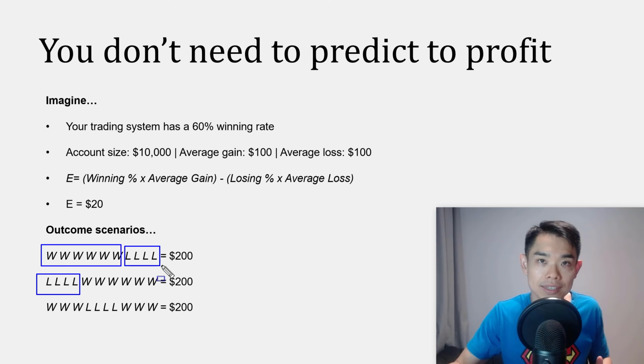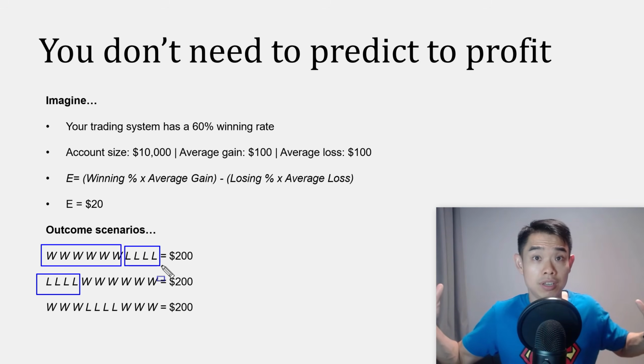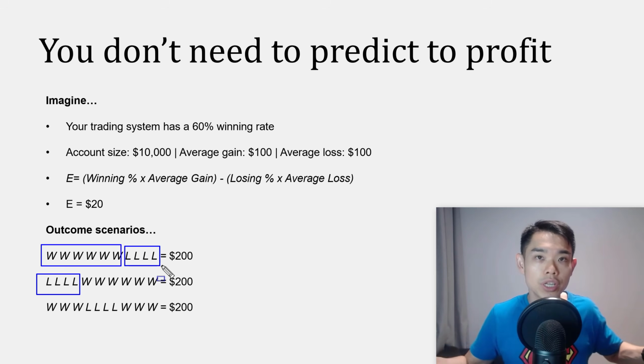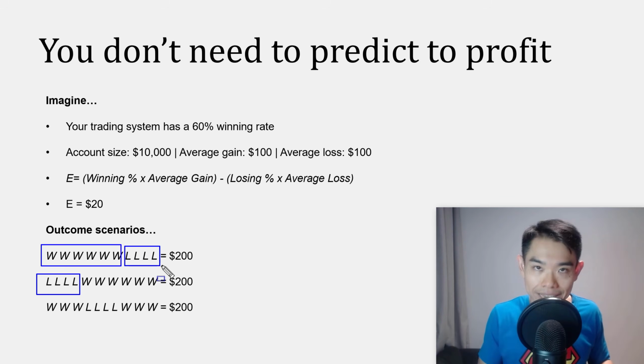Does it make sense? You don't have to predict what the market will do over the next trade or the next few trades, because if you have an edge, sound risk management, and the discipline to follow the rules, eventually you will come out ahead.